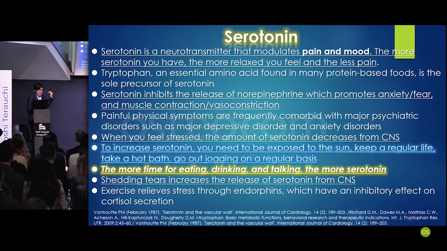So back to the main subject, serotonin. Serotonin will make you feel happier. So this is the most effective measure to make your patient happy. The more time for eating, drinking, and talking, the more serotonin. Sometimes you can cry.